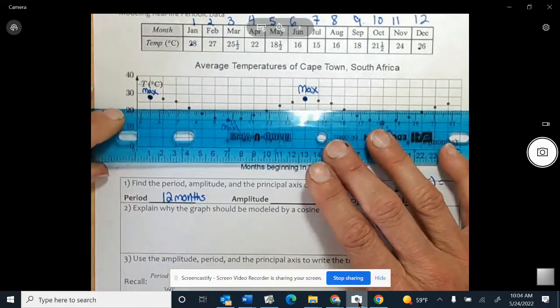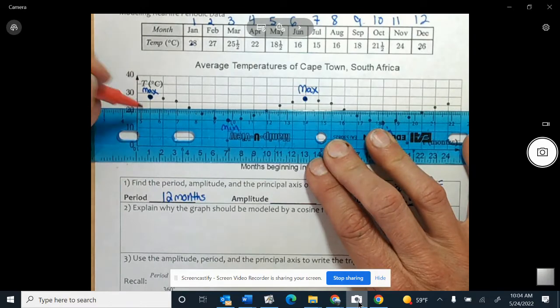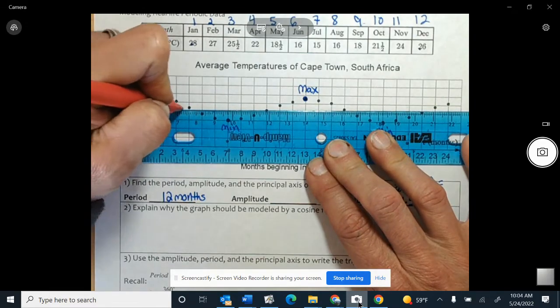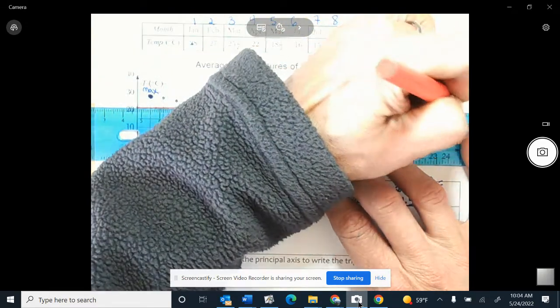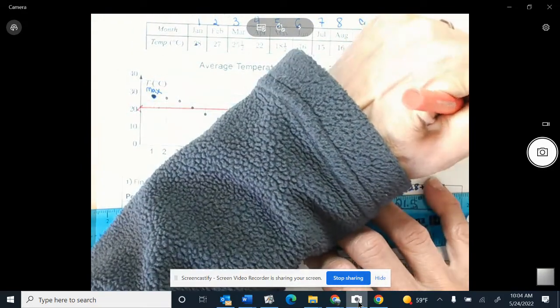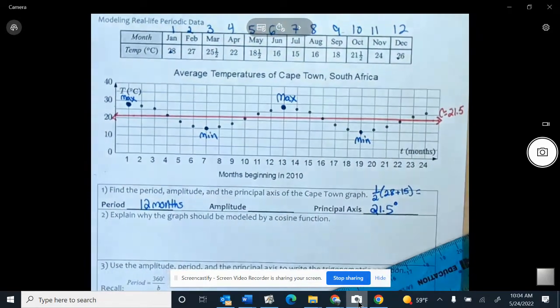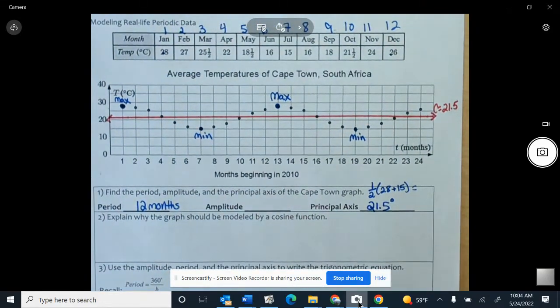So I'm going to estimate it right here and draw in my principal axis, about 21 and a half.